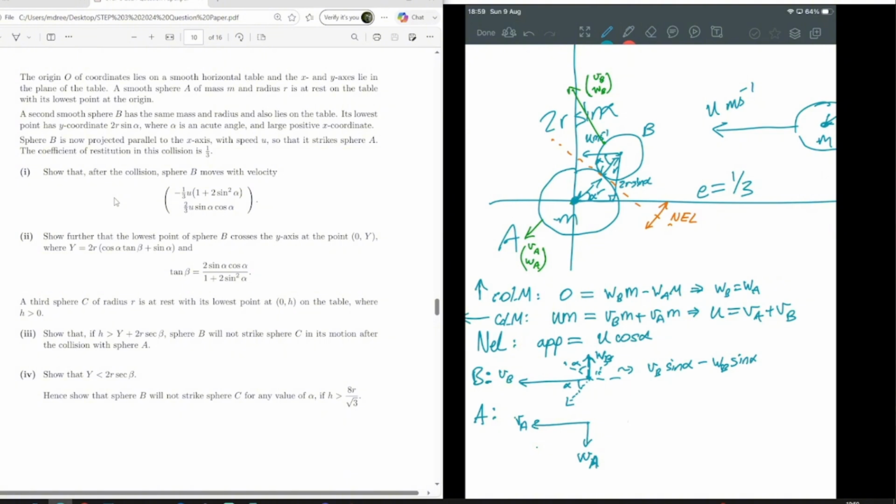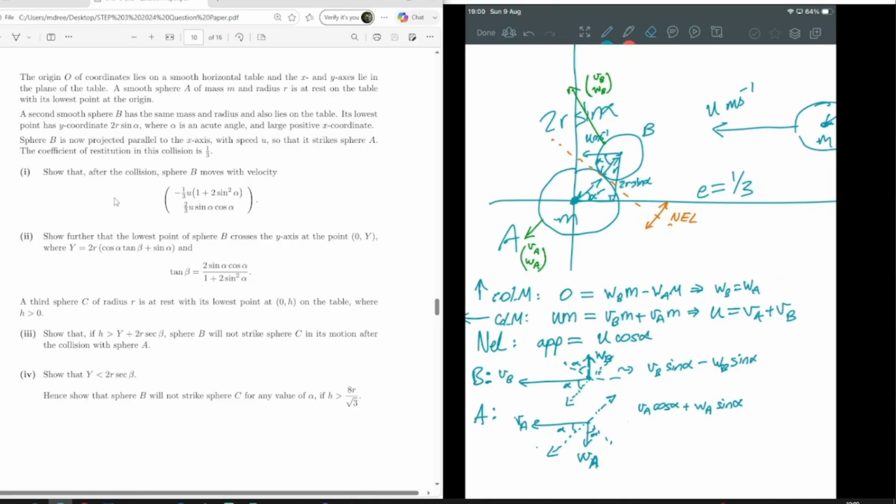And I want the velocity into here, so that's negative of the velocity here. That angle there is alpha again, so this is going to be VA cos alpha plus WA. Now is this one definitely a sine alpha? Because that angle there's alpha again.